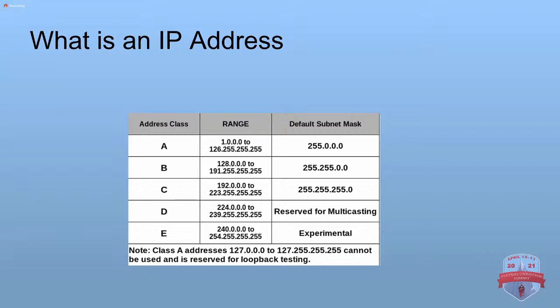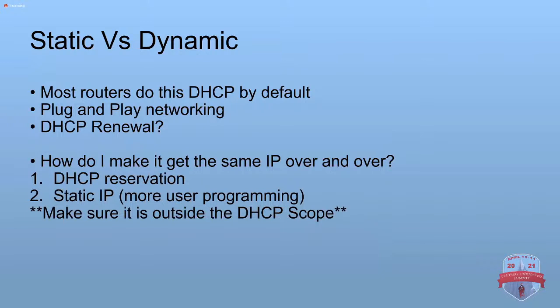So let's talk about static versus dynamic. Static IP addresses are where you physically set your controller to be on a static IP, or you physically set your laptop to be on a static IP so it never changes.